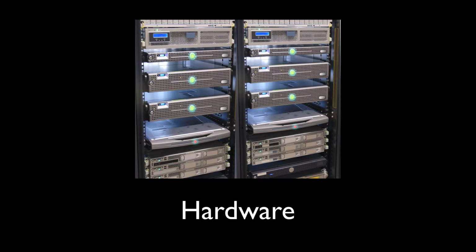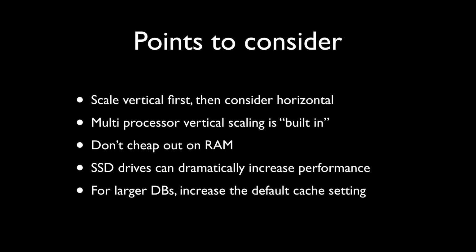So let's talk about hardware. The main points to consider: Wakanda scales vertically out of the box. So you always want to think of scaling vertical first and then horizontal. High-end servers today can do a lot of heavy lifting.